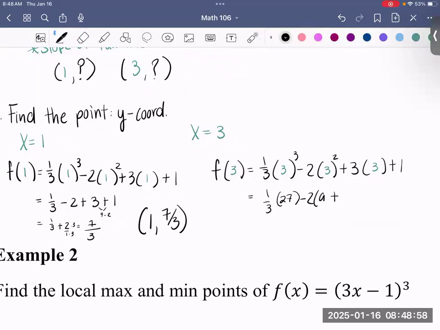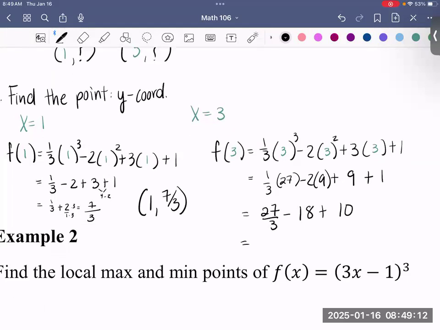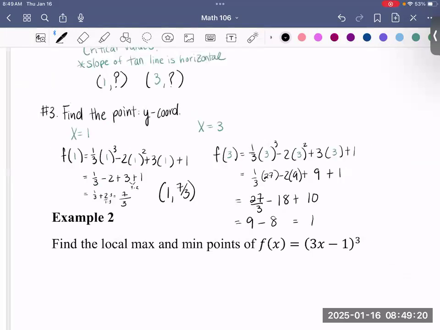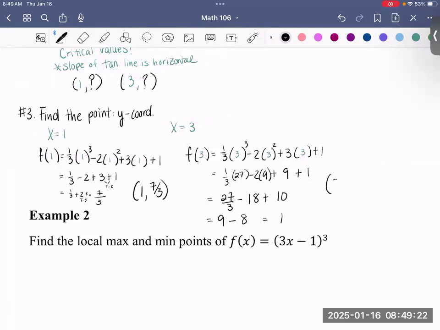Minus 2 times 9 plus 9 plus 1, 27/3 minus 18 plus, let's say, plus 10. And then 27 divided by 3, that's 9 minus 8. So we're equal to 1. So our point here is 3, 1.